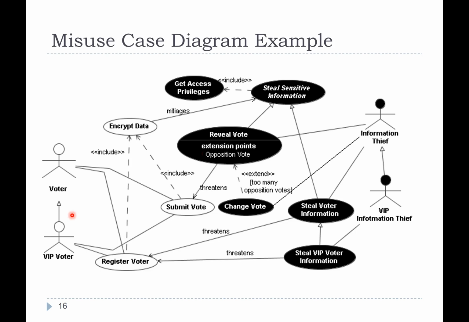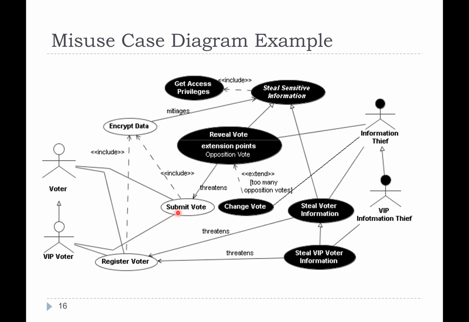Now let's read this a little bit more carefully. So we have an actor, a voter. He's trying to submit their vote. We are at a threat of having our vote revealed, okay? And vote reveal, think of it as a special case of stealing of sensitive information.